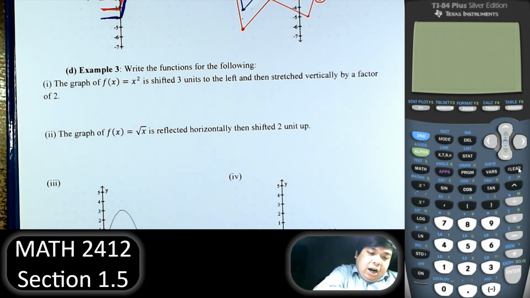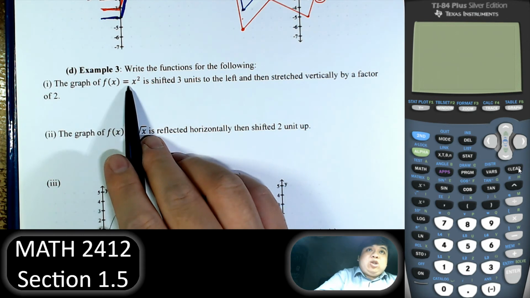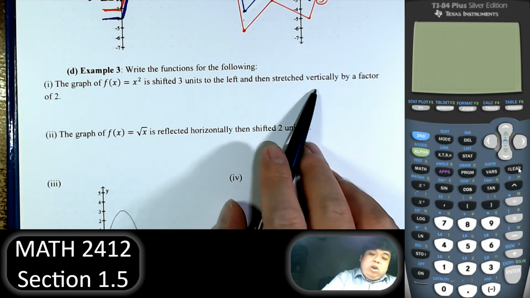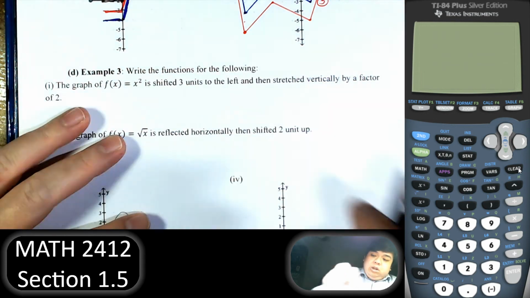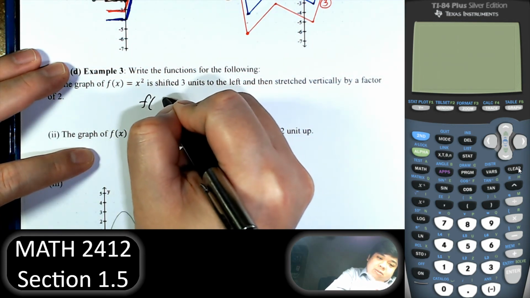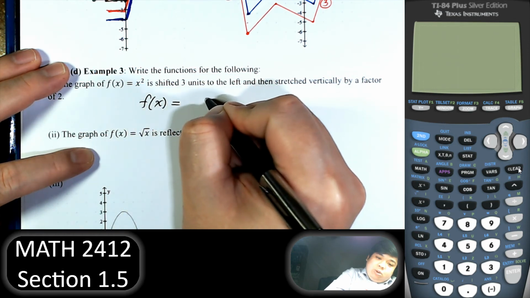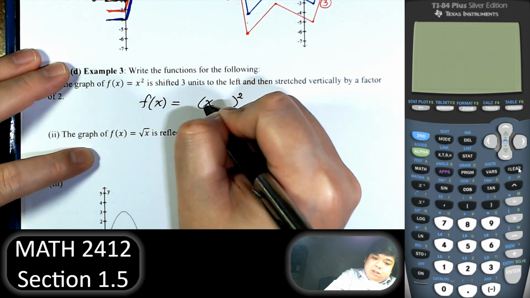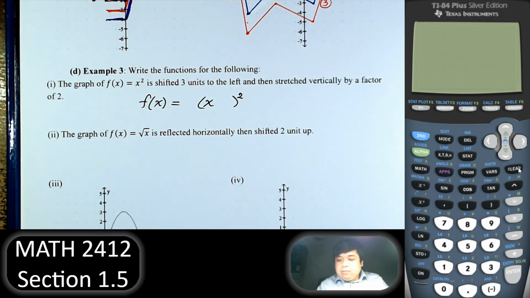Let's see, write a function for the following. We have f of x equal to x squared, shifted 3 units to the left and then stretched vertically by 2. So in general, we have f of x is equal to something squared. That's all we know, right?